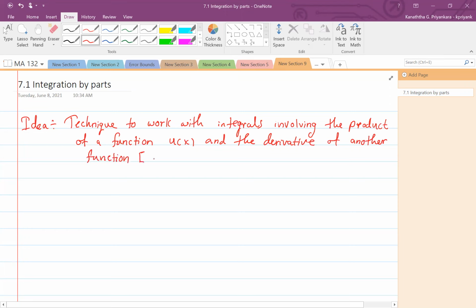So we write it as v prime of x. So we are given the product of u of x and v prime of x. Then we need to integrate.